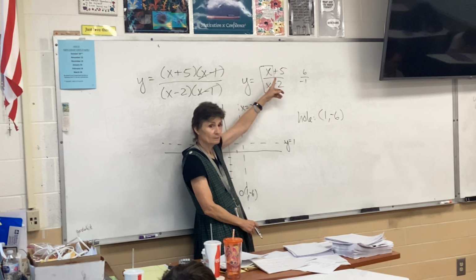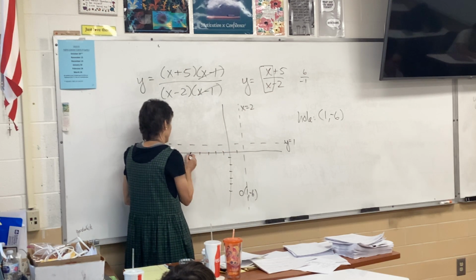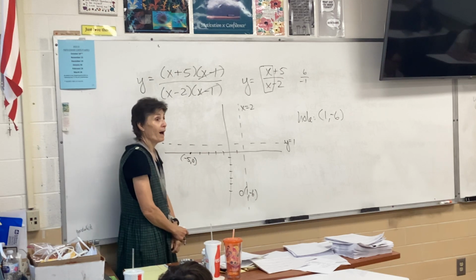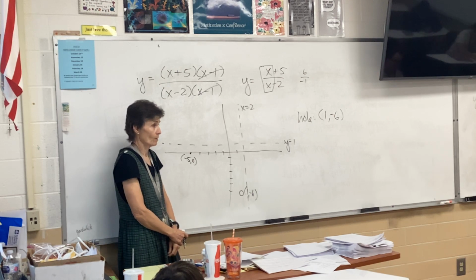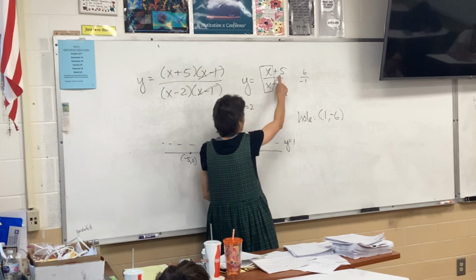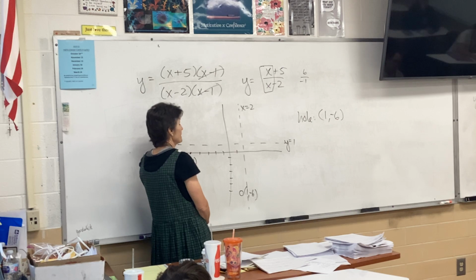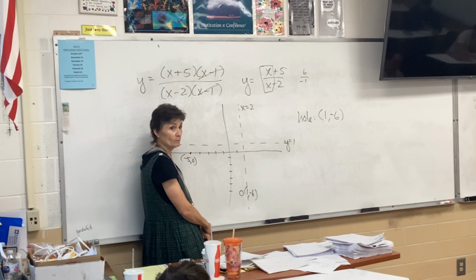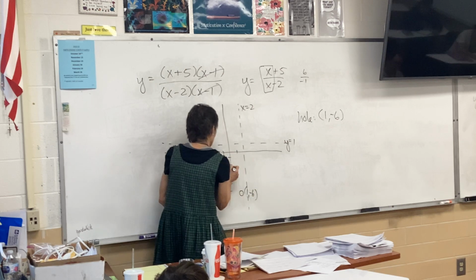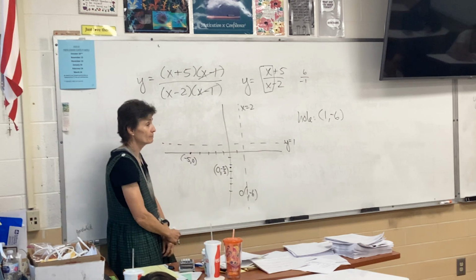What makes the top 0? Negative 5. What's your y-intercept? What do you get if you plug in 0? You get 5 on the top and negative 2 on the bottom, right? So it's 5 over negative 2, so 0, negative 5 halves, or negative 2 1/2.